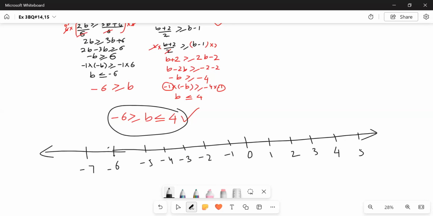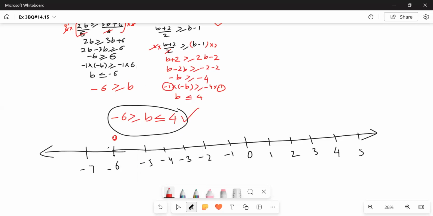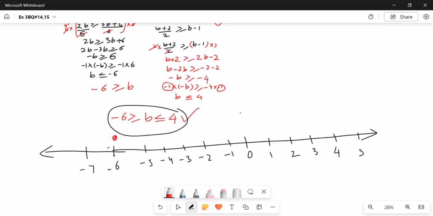Now if we take b lesser than or equal to minus 6, I have to draw b lesser than or equal to minus 6. So it is equal, so I will fill this circle.